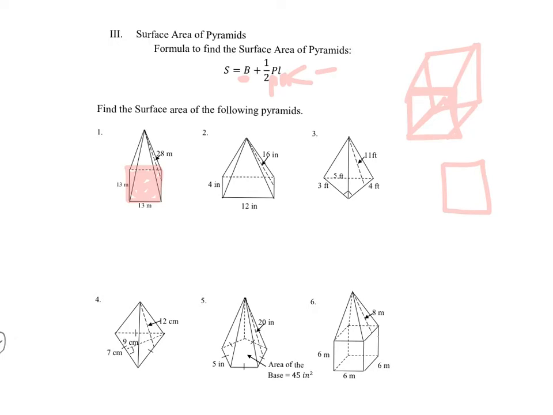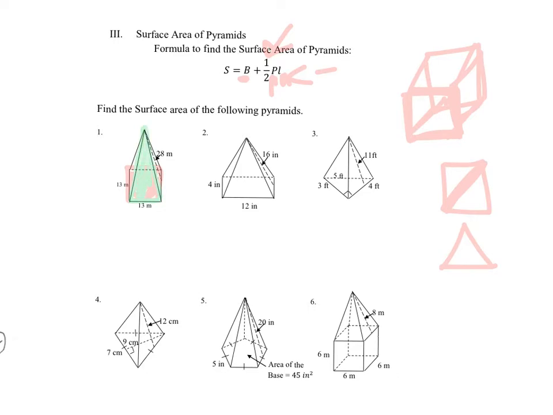The faces of all pyramids are triangles. A triangle is half of that rectangle. So that's why we're going to be multiplying everything by 1/2. If you just did the perimeter times the slant height, you'd be getting a rectangular face. So in order to create these triangular faces right here, you have to multiply it by 1/2, and that's going to get the triangles.